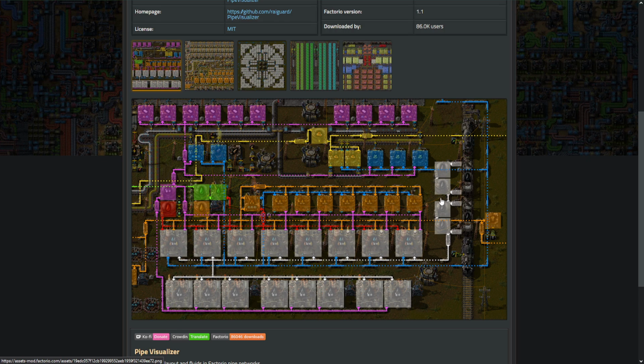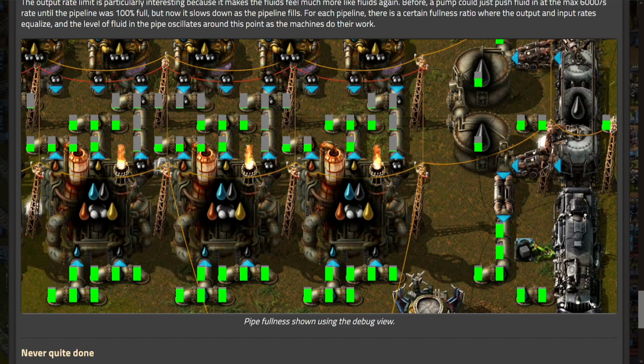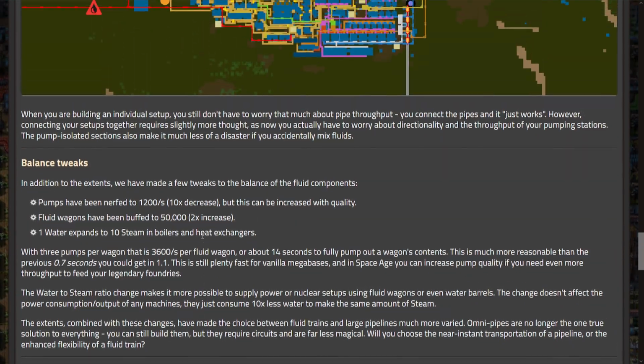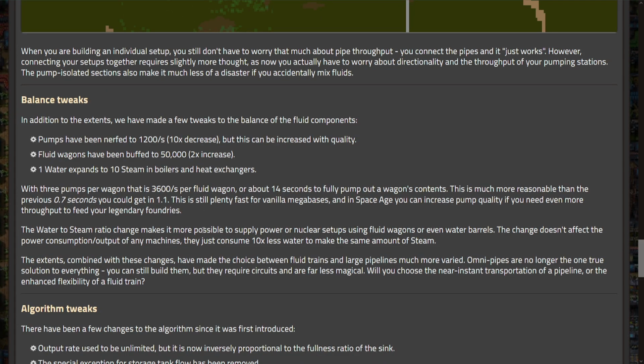Basically the white or light gray is the crude oil, orange is the light oil, green is lubricant, pink is petroleum, red is heavy oil, and so on. There's also sulfuric acid. And this is the debug mode for the fluids, so you can see the content of each pipe, but I guess I will go back up again.